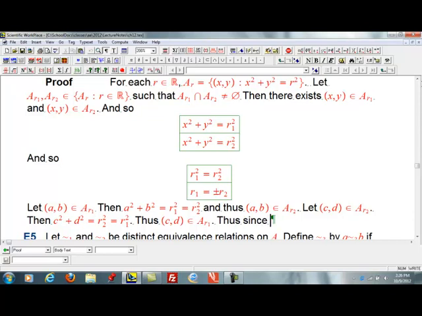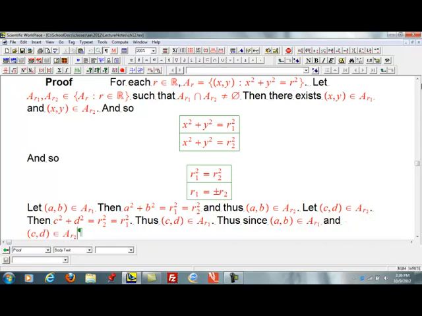Thus, since a, b in A R1 and c, d in A R2 were arbitrary, what do we know? Well, I'm going to say that they're contained: A R1 is contained in A R2 and the other direction.